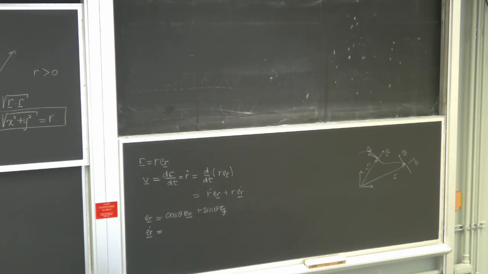So think about it. Take the derivative of cosine theta. Is theta a function of time? Does theta change in time? Yes, it does. But ex and ey are fixed. So how do I take the derivative of er?